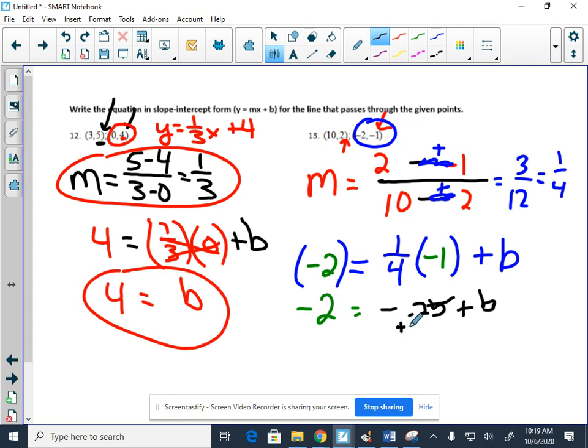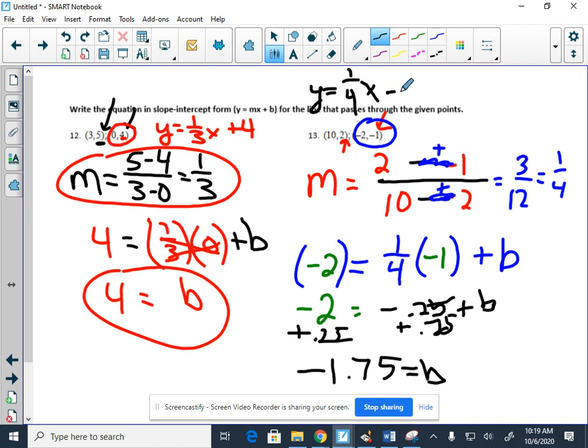I'm going to add 0.25 to each side. If you use your calculator, it's -1.75 equals b. So the answer to number 13, I'm going to write here up at the top. Y equals 1/4 x subtract 1.75.